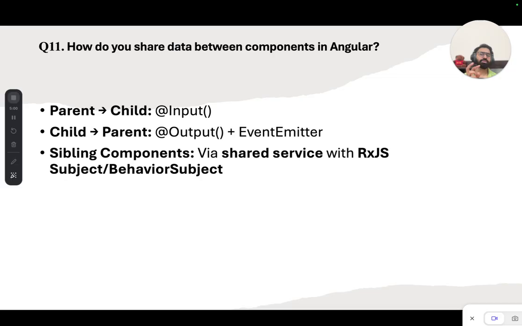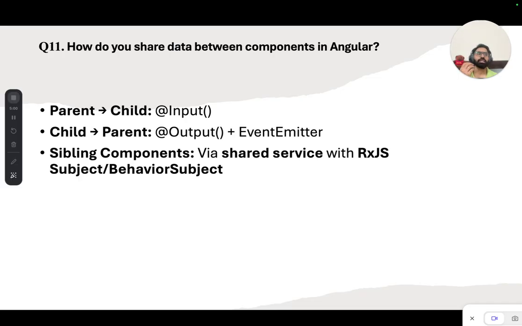And the next is between sibling components. Let's say you have two components which are not related. Then you can use a service. You can transfer the data from one component to a service class, store it in a variable, and then the second component can take that data stored in the service class.